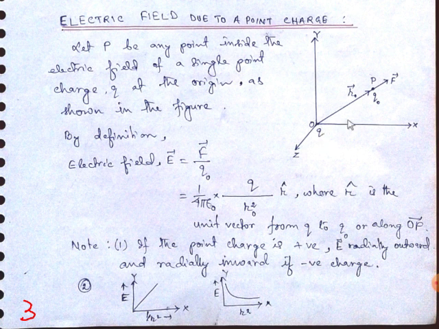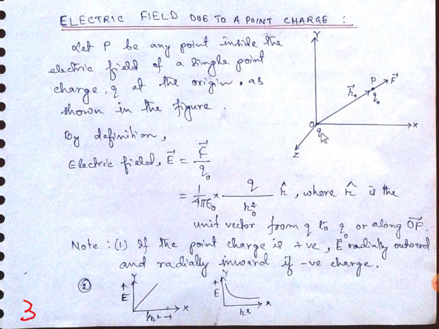The Coulomb's force experienced by this Q naught will be expressed as 1 by 4 pi epsilon naught, as it is assumed that the two charges are placed inside the vacuum, or free space. So 1 by 4 pi epsilon naught into Q Q naught divided by R naught square.